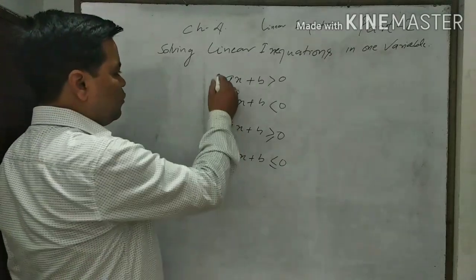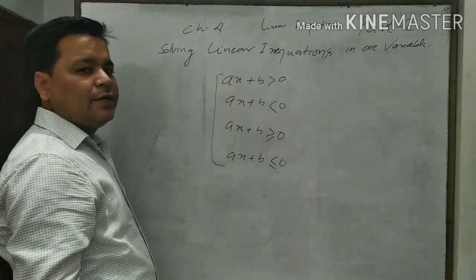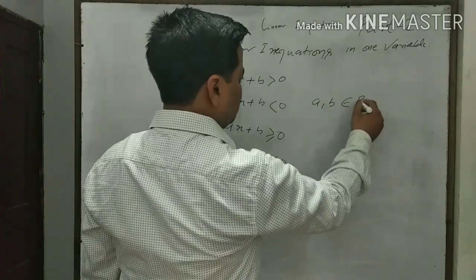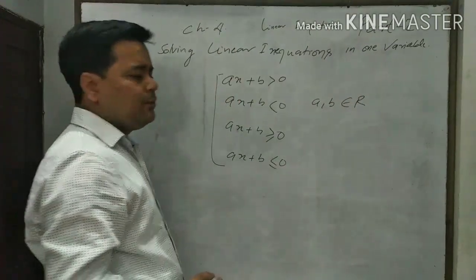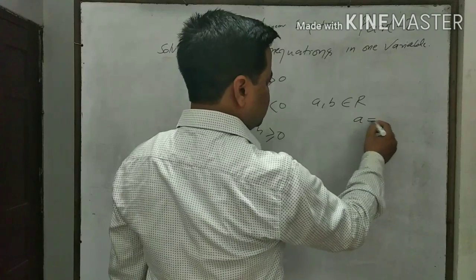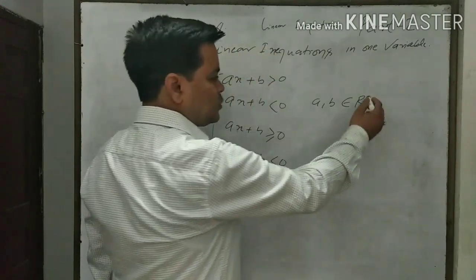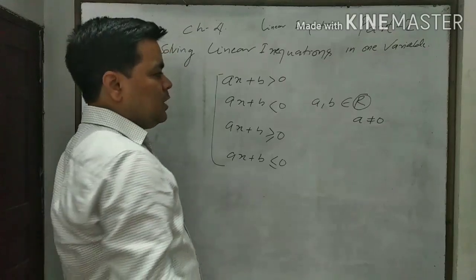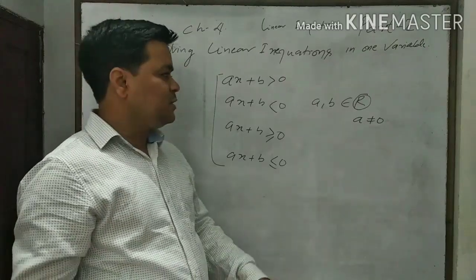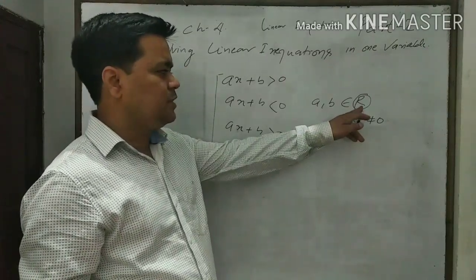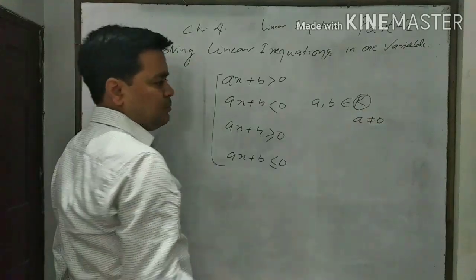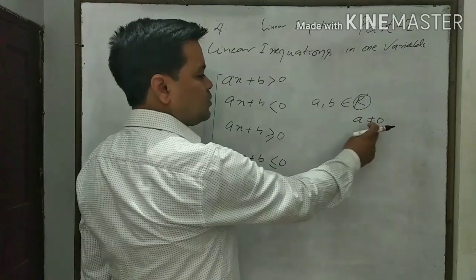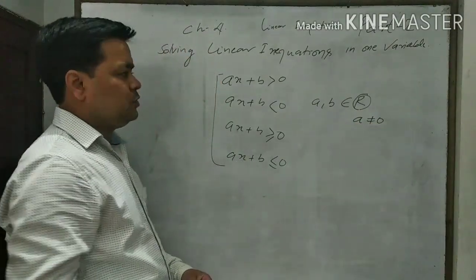These are the four standard forms of the linear inequation, where a and b belong to the real numbers, and a is not equal to 0. Here it should be a real number, not integer. In my first video, by mistake I wrote integer, but it should be a real number. It means a and b are real numbers, but the value of a should not be equal to 0.